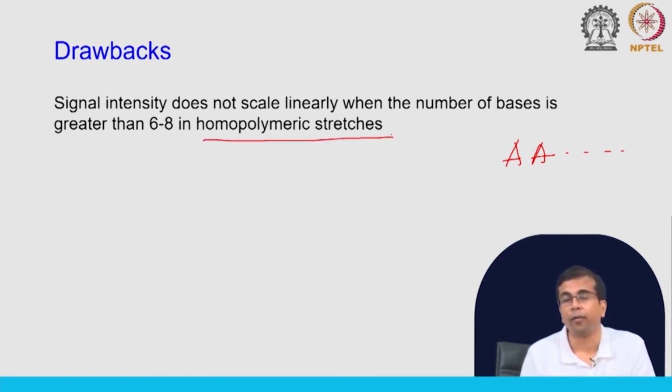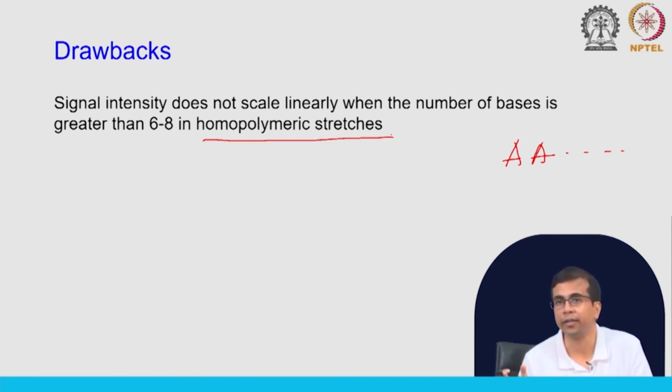Now, what happens in 454, as you have seen, is that the signal intensity goes up. If you have addition of just one base, you have some signal intensity. If you have two bases, the signal intensity should be double. Three bases, the signal intensity should be triple, and so on. So, it should go up linearly. What the researchers had seen is that this signal was not proportional after a certain length.